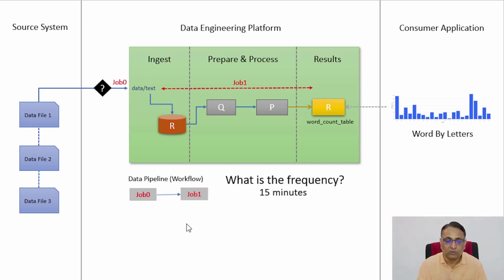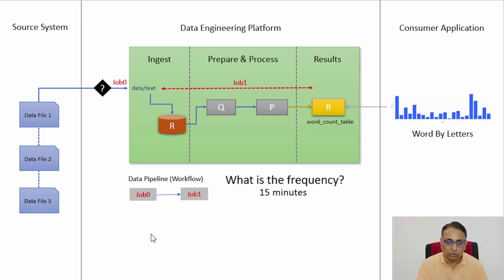That part is also simple. We'll create one job here, the actual data ingestion job, which will ingest data from the source system and dump it into the landing zone. That will be our first job. And then everything else is a single piece of code or single flow of code. So we can create one single job from starting from the landing zone till inserting into the word count table.